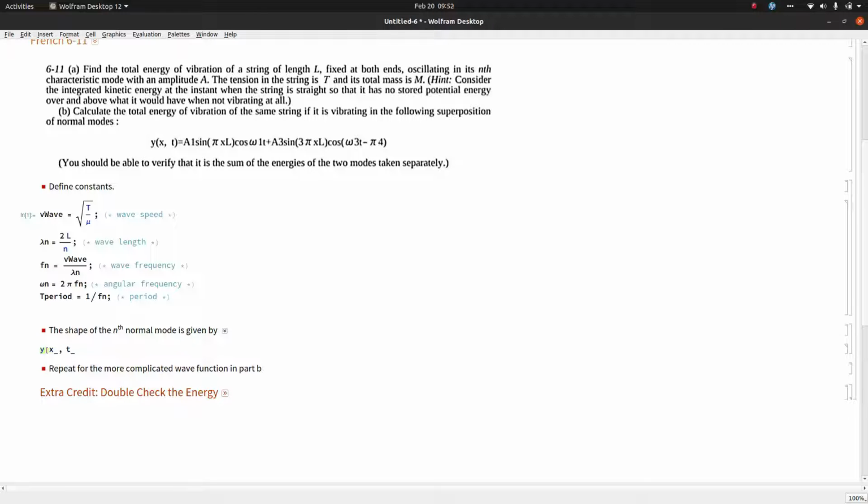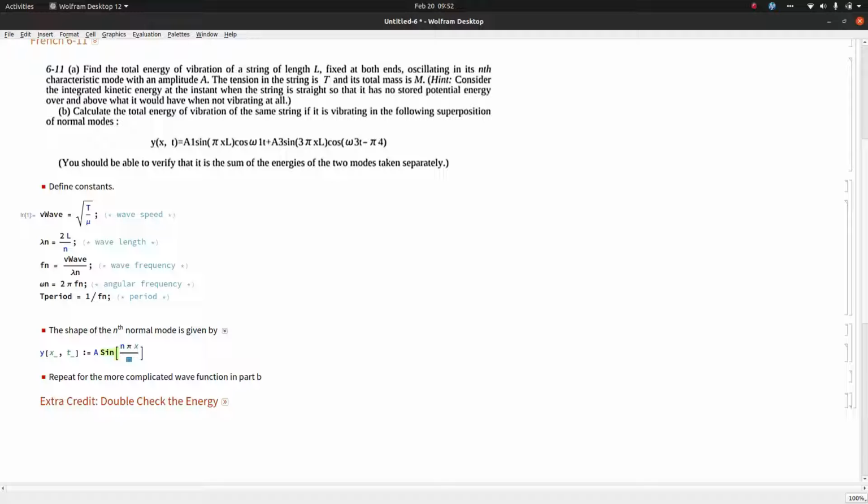There are equations for this in both the source material, Vibrations and Waves, and pretty much any reading material you have on waves and vibrations, you can usually find an equation for standing waves on a string fixed at two ends, and that'll just be given by sine of n pi x over L, times sine of omega n times t.